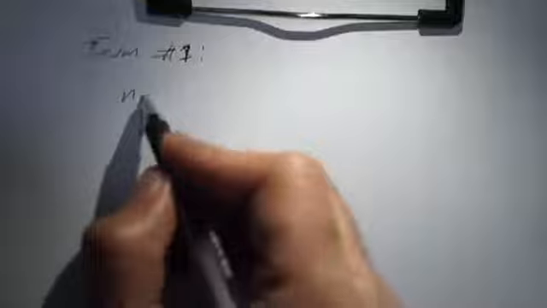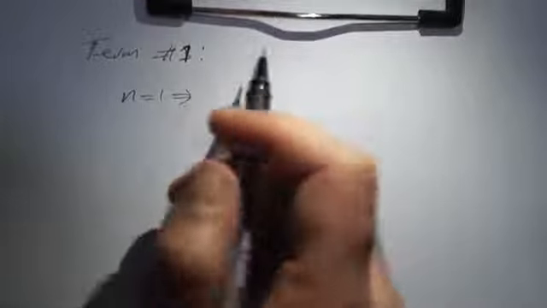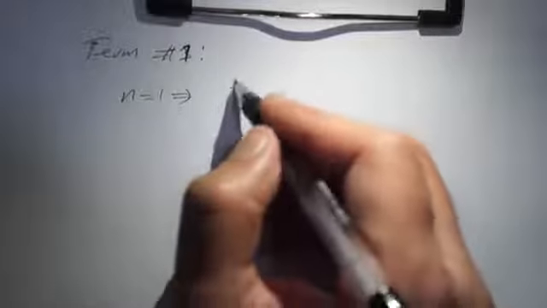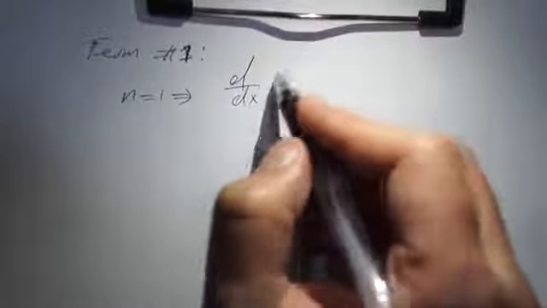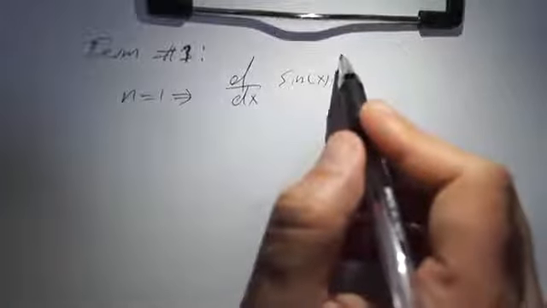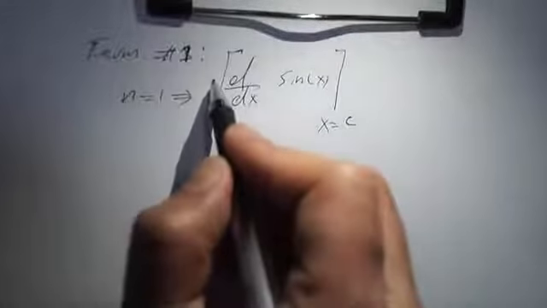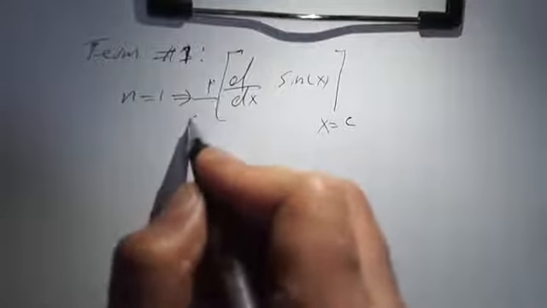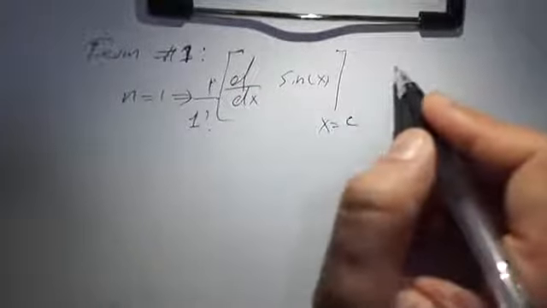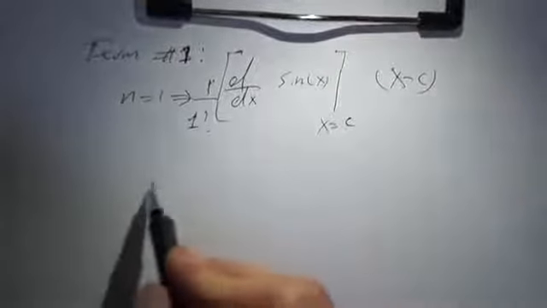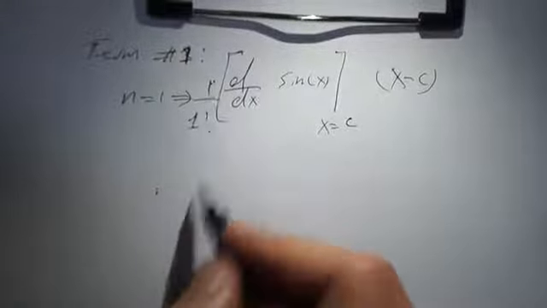Term number 1, or we can call this one term number 0. Term number 0, and this we call term number 1, n equals 1. This means the first derivative d over dx of sin x, where we substitute x with the value c, divided by 1 factorial, times (x minus c) raised to the power 1. So 1 over 1 factorial is just 1.